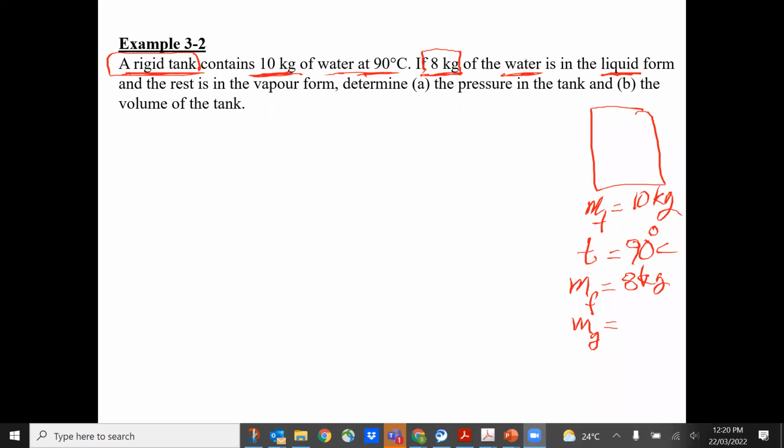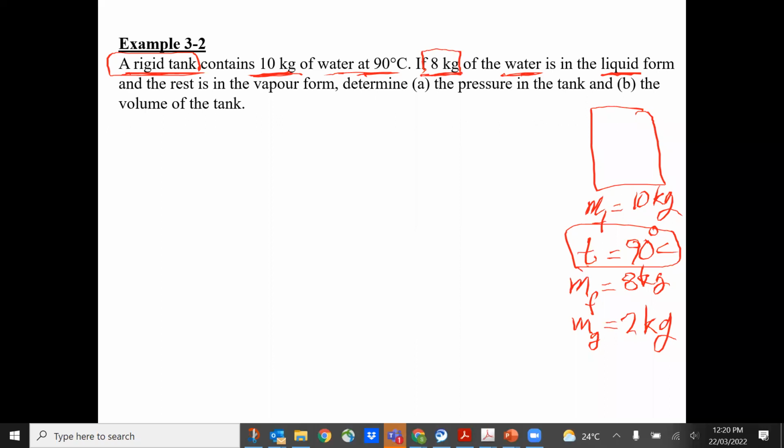So now I know it's a two-phase region, then this is saturation. T is saturation, correct? Because it's telling me that part of it is water, not all of it. So that means it's a two-phase region.